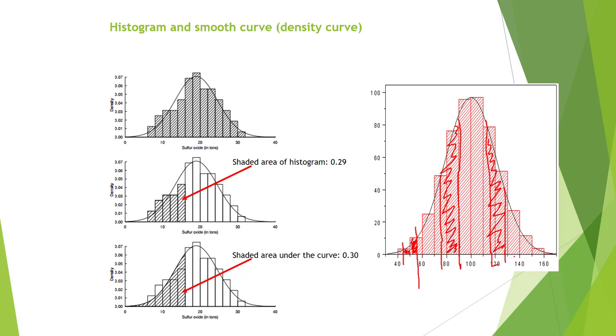So again, using a smooth curve makes it possible for you to calculate the percentage within any interval you want to work on. This is a good thing about a smooth curve as compared to a histogram.